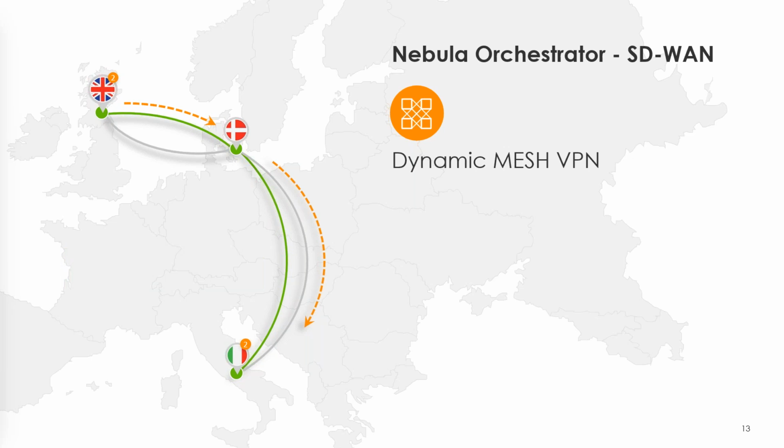Dynamic mesh VPN. So if we have multiple sites in our organization, the site in the UK tries to connect or connects to the site in Italy, and the connection is initialized through the hub location in Denmark. But after the connection is initialized, the locations dynamically create another VPN tunnel directly between these two locations.